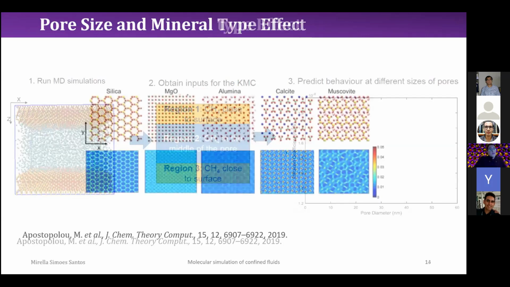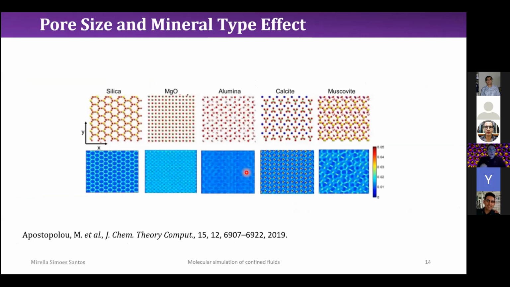So to characterize the structure of the adsorbed methane on each pore surface, we have here plotted the surface density of methane for the 5 different minerals that we considered. So we have here in the Y and X direction, and we have the density of methane.